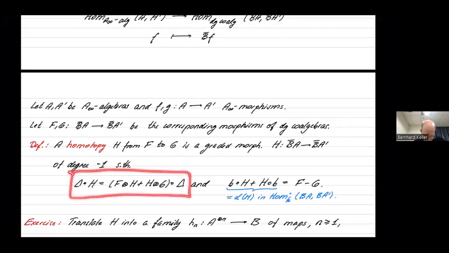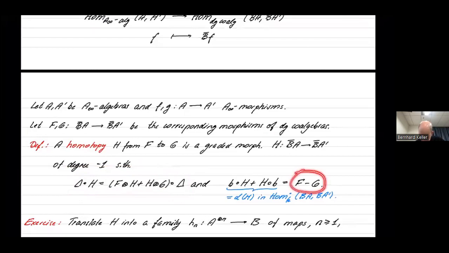One could call it an FG co-derivation. It's a homotopy from F to G, so its boundary, just the boundary in the morphism complex. These are in particular complexes, so this becomes a complex. We take its boundary, in other words, the graded commutator with the B's. This should be the difference F minus G.